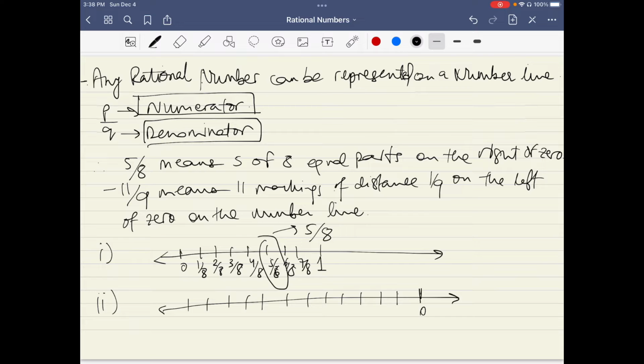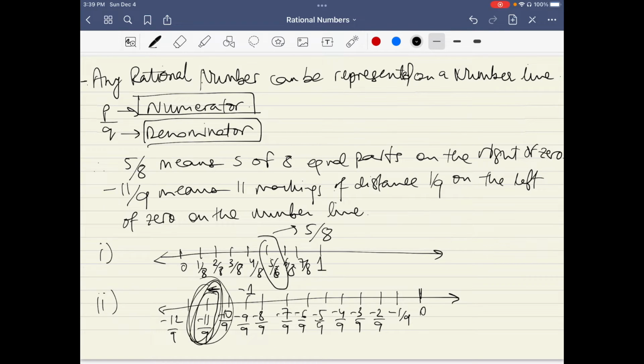But now we start to mark these, and it'll be -1/9, -2/9, -3/9, -4/9, -5/9, -6/9, -7/9, -8/9, -9/9, which is -1, -10/9, and -11/9. This is where -11/9 is.